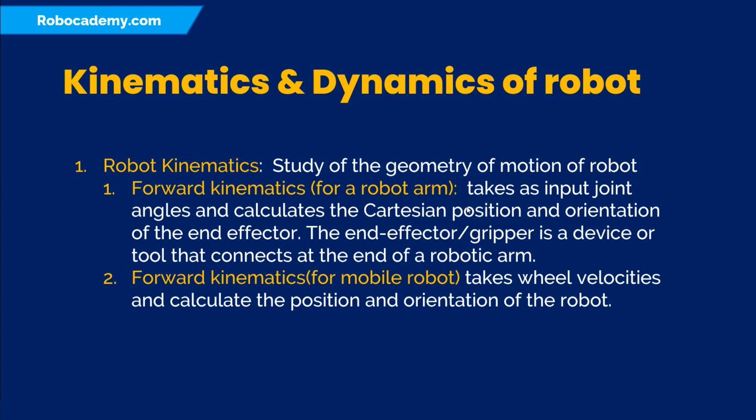Robot kinematics is one terminology, and it has two sub-terminologies: forward kinematics and inverse kinematics. For a robotic arm, the hand is called the end effector or the gripper.